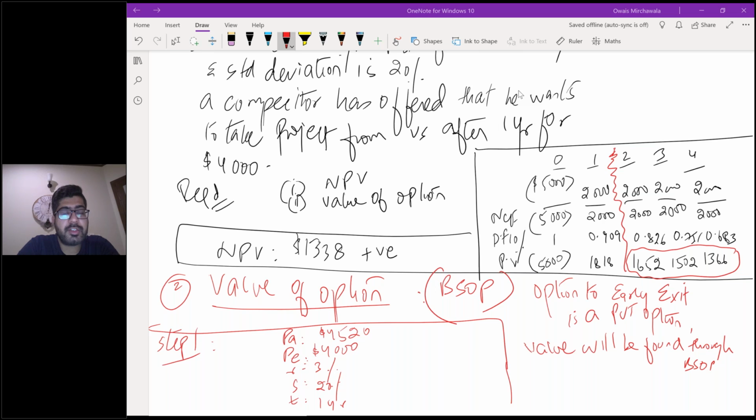It's PE. PE, I just wrote above, in option to early exit is the government offer or competitor offer.